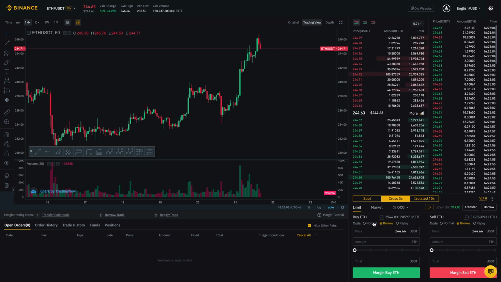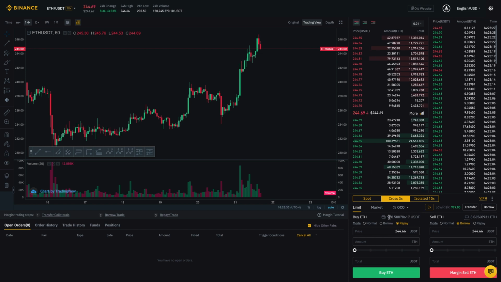For example, for normal, this is how much I have in my margin account at the moment. I have 970 USDT. But if I want to borrow, that's the maximum I can borrow based on my current position. Or if I want to repay it, then that's something else.